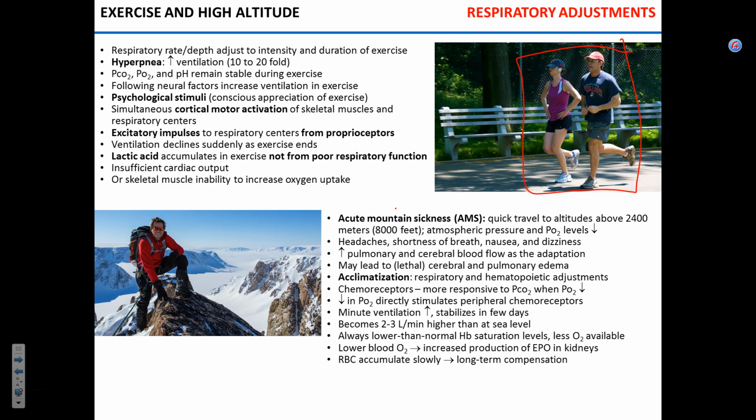What do you think? I'm kind of pushing you towards the wrong answer. Yes, they are staying the same. It's counterintuitive, because you would expect CO2 in the blood to go up, oxygen to go down, and pH to go down, right?